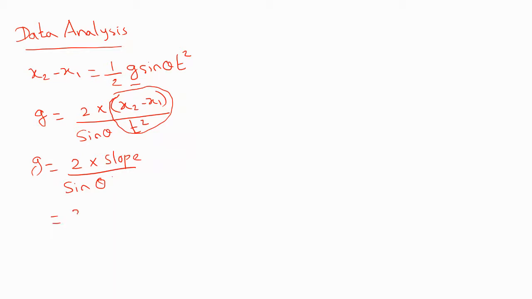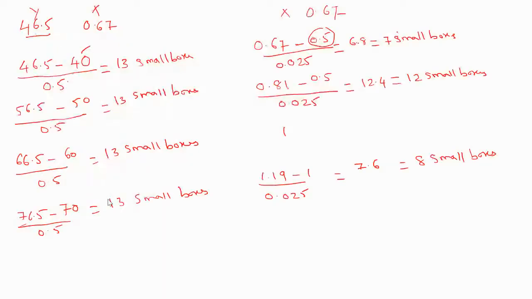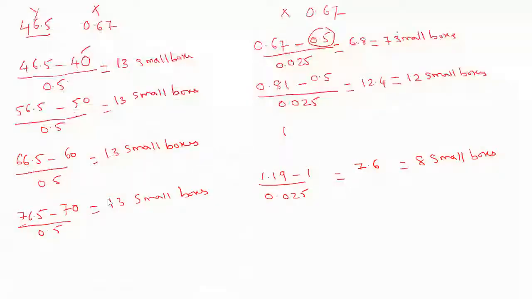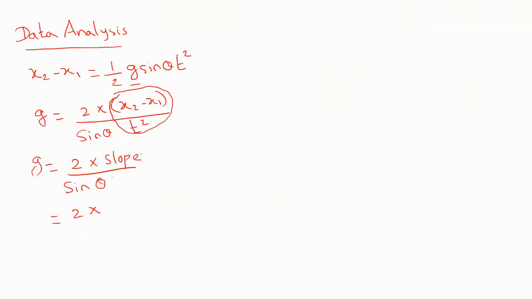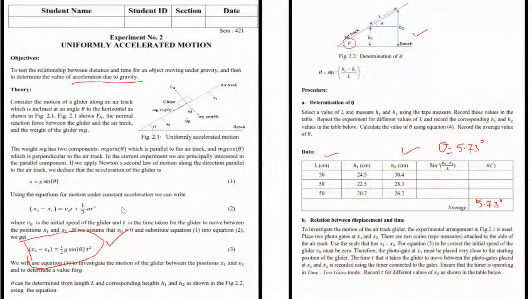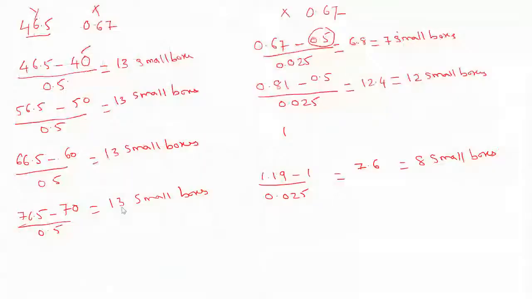What is the value of slope? 2 multiplied by 0.5263. Yes. So I have to write 0.5263. And what is the theta value? Sine of, I already gave the theta value in the first table. What is our theta value? 5.73 degrees.